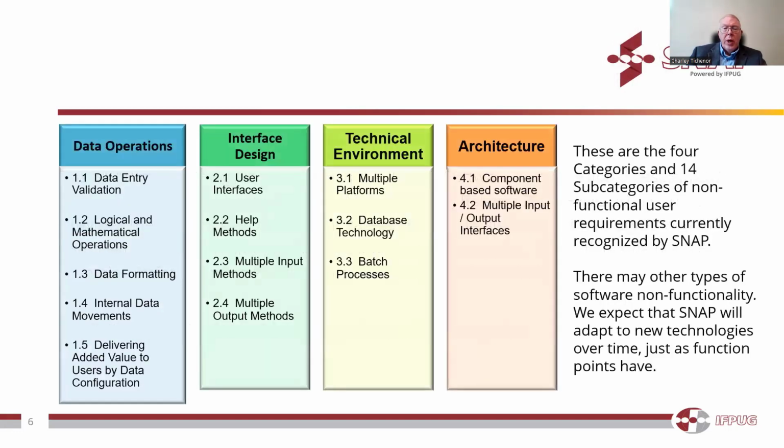Here are the SNAP 4 categories and 14 subcategories. There may be other types of non-functionality that are not accounted for by SNAP, but SNAP accounts for these 4 categories and 14 subcategories. And we expect that SNAP will adapt to new technologies, both software and metrics technologies, over time, just as function points have since they were introduced back in 1979.